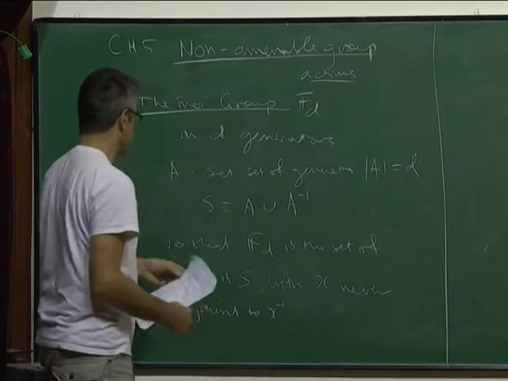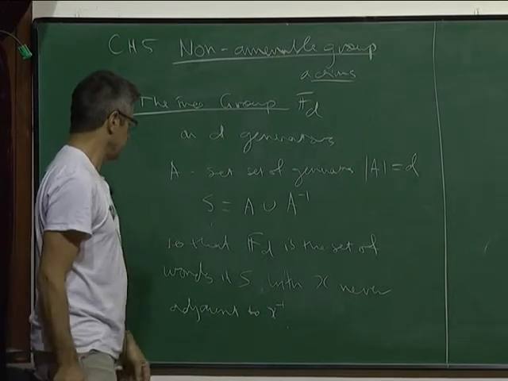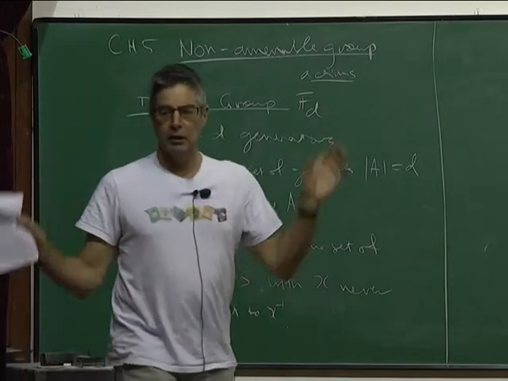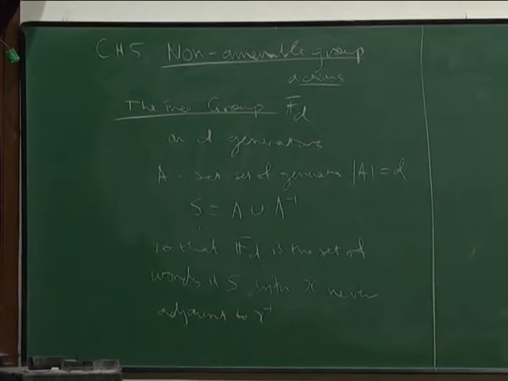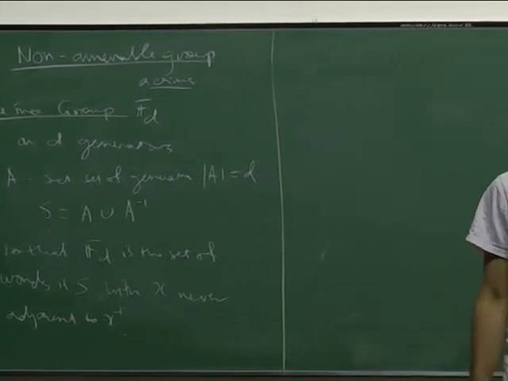So the free group is the set of all words in S with x never adjacent to x inverse. And if we put two of these words next to each other and find an x and an x inverse, we just cross them out.